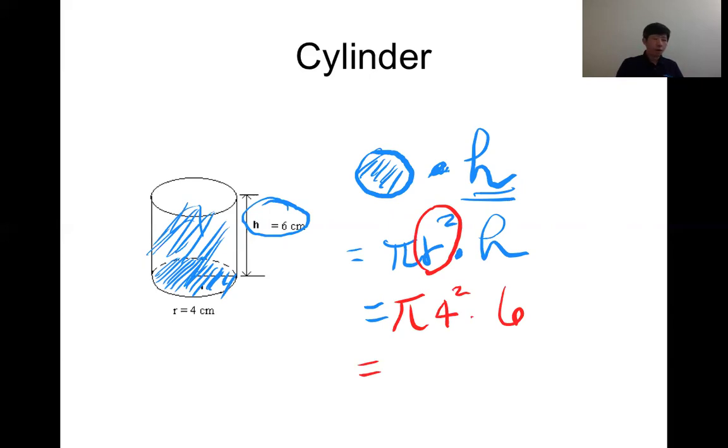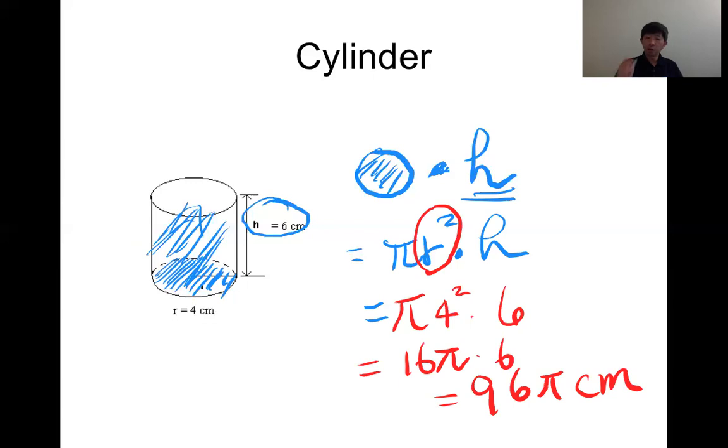So 4 times 4 is 16. 16 pi times 6. 16 times 6, how many? 96. 96 pi centimeter square or cube? Oh, this time it is a cube because we're looking for the volume, right? We're looking for the volume, all right?